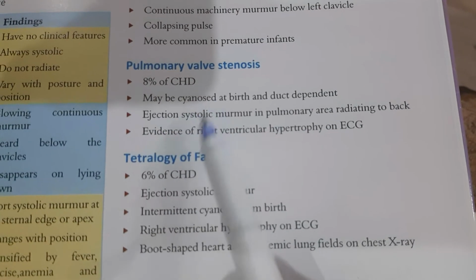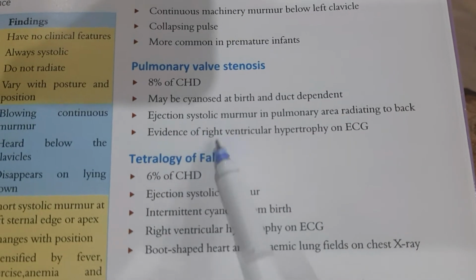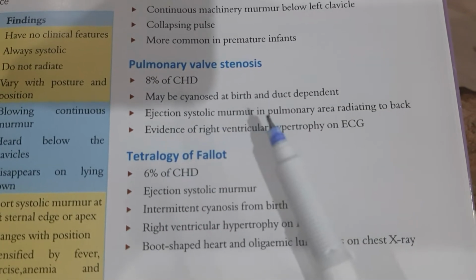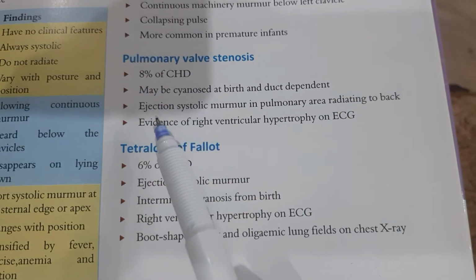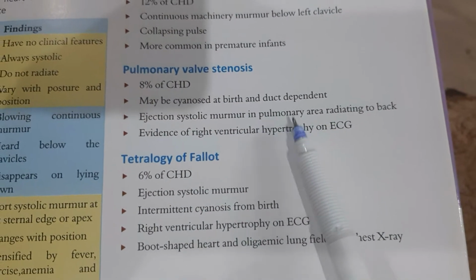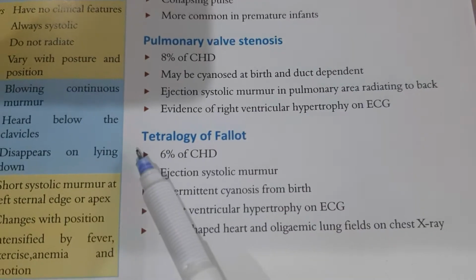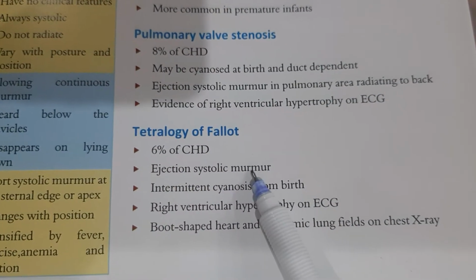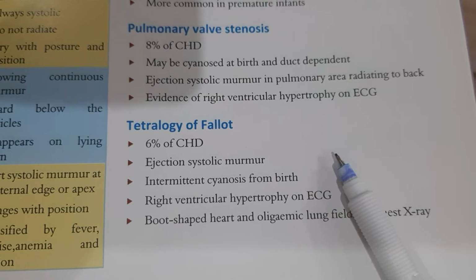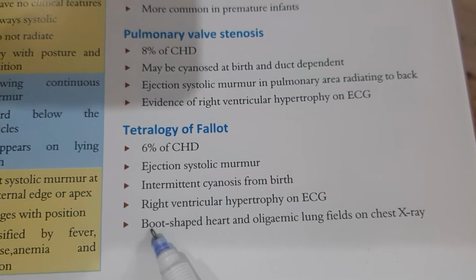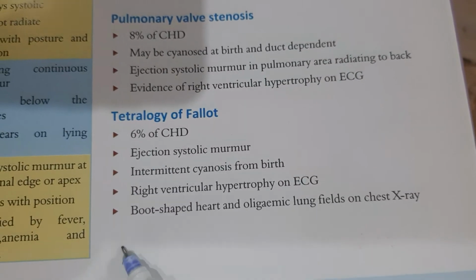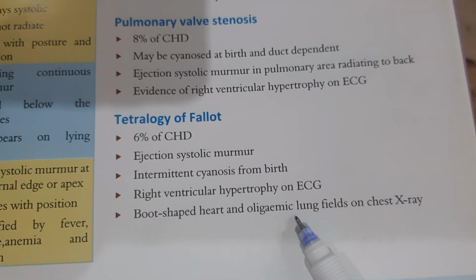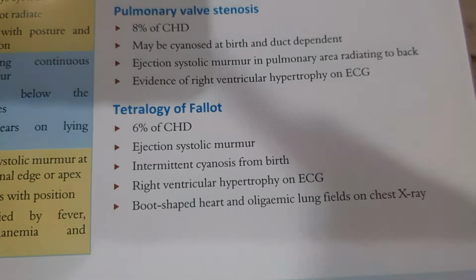Also these two can be differentiated on the basis of radiation. In pulmonary valve stenosis, the ejection systolic murmur in the pulmonary area radiates to the back, while in tetralogy of Fallot there is no radiation of the ejection systolic murmur towards the back. Along with all these features, there is an additional feature in the TOF, which is the boot-shaped heart and oligemic lung fields on the chest X-ray.